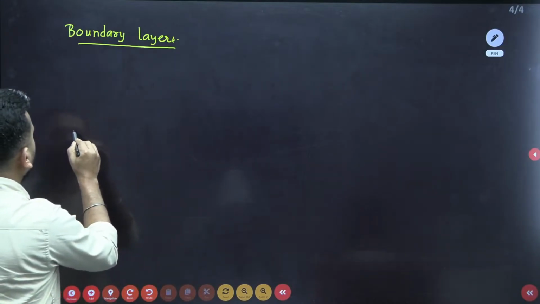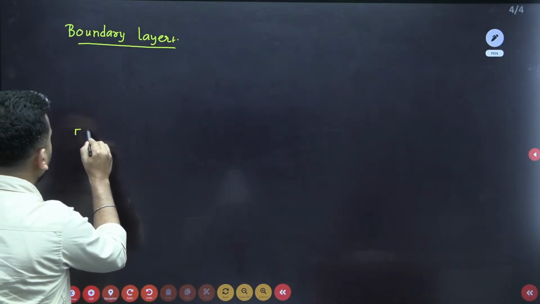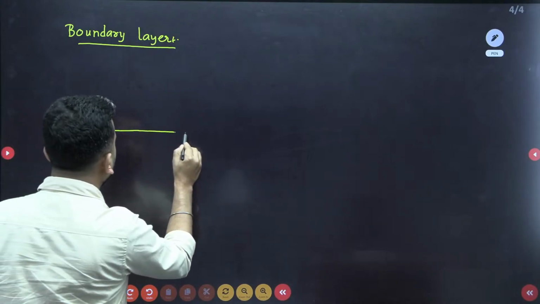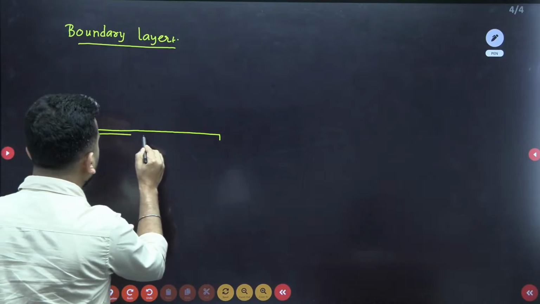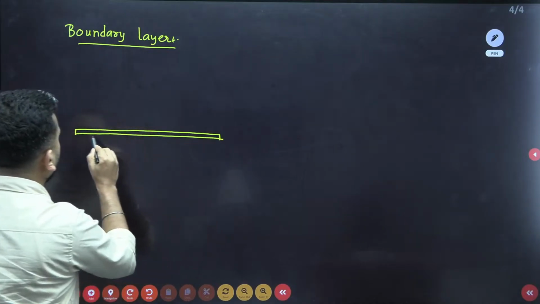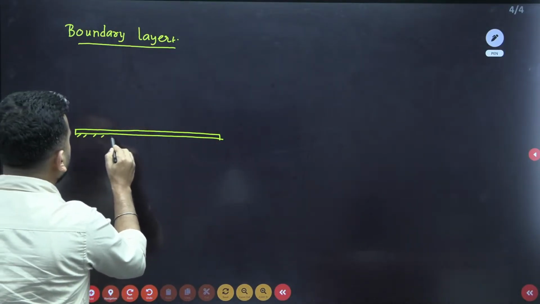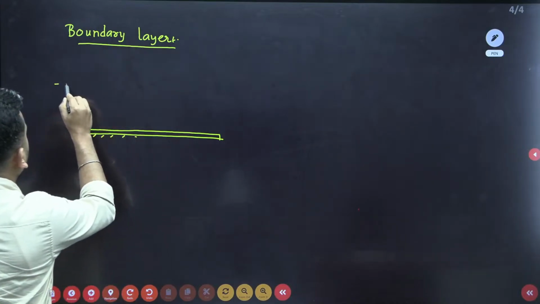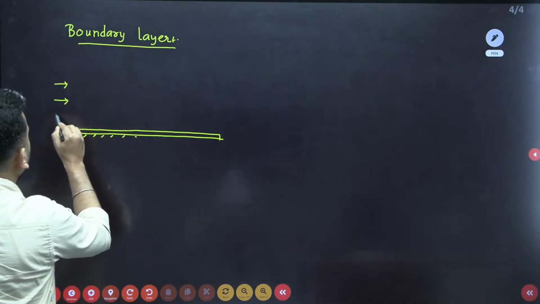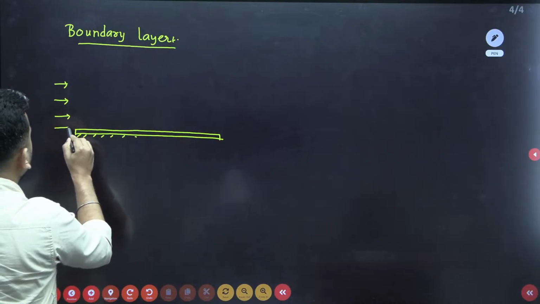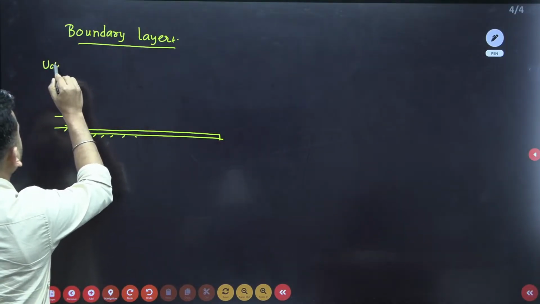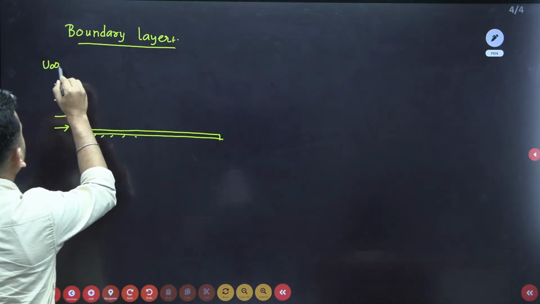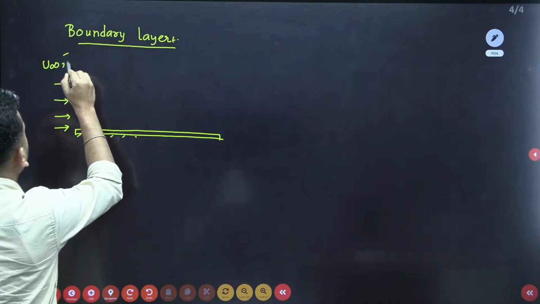So this is the flat plate that I am talking about, and from here some fluid is traveling with velocity u infinity and temperature T infinity.